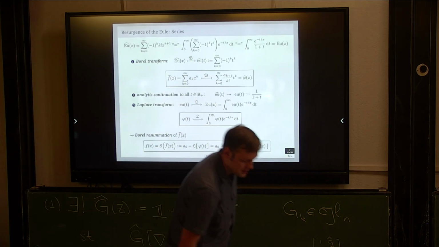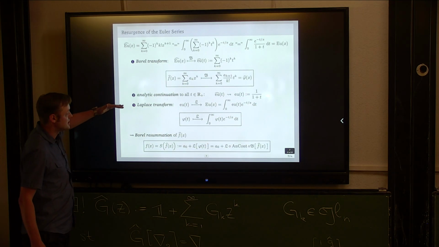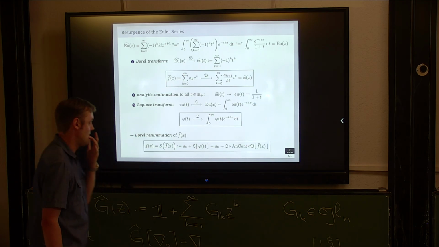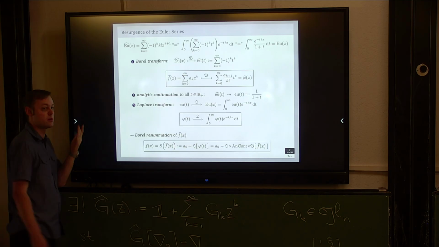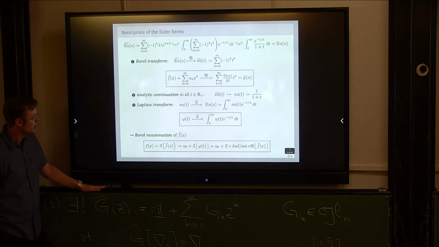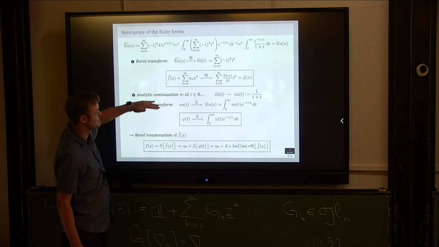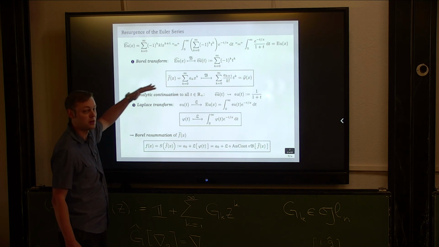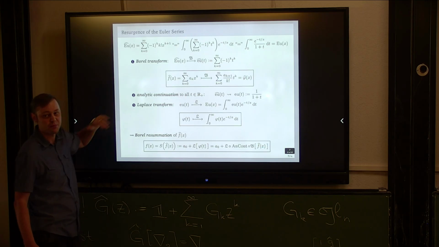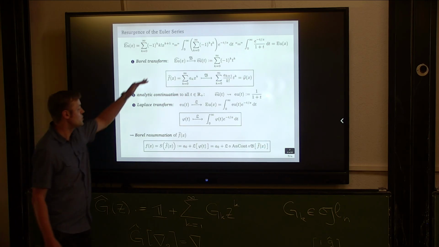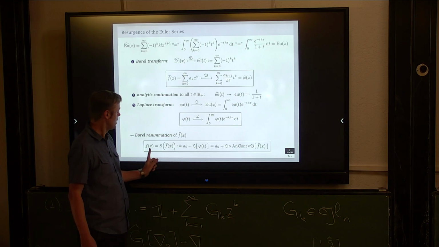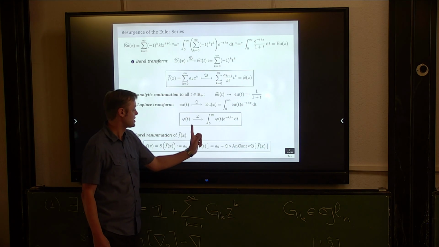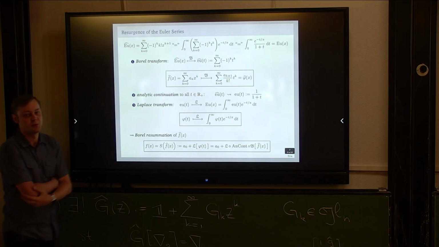And the combination of all these three steps is essentially, by definition, what you call the Borel resummation procedure. And the output, if all the steps work, and you can see that there are multiple things that can go wrong at every step, but if they do work, then the output is an analytic function of x, which has f hat as its asymptotic expansion.